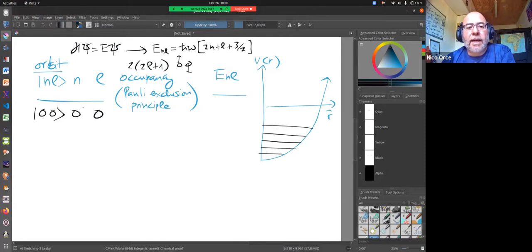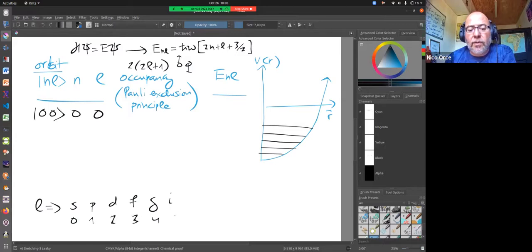So, as I said before, L can be equal to S, P, D, F, G. This is the nomenclature, but basically this is L equal to 0. This is 1, 2, 3, 4, 5, etc. Right? So we can do this. Occupancy of this level will be L equal to 0, so it will be just 2.